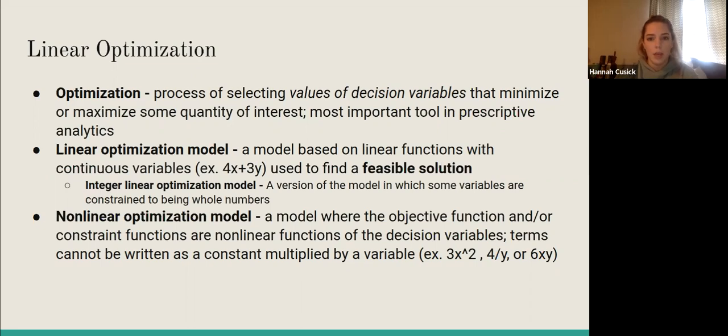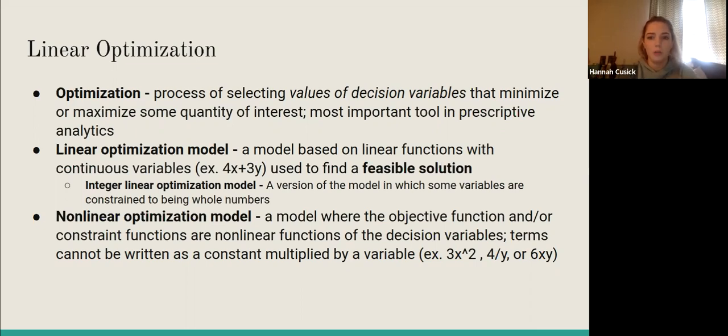A linear optimization model is a model based on linear functions with continuous variables used to find a feasible solution. A specific type of linear optimization model is an integer linear optimization model, which is a version of the model in which some variables are constrained to being whole numbers.